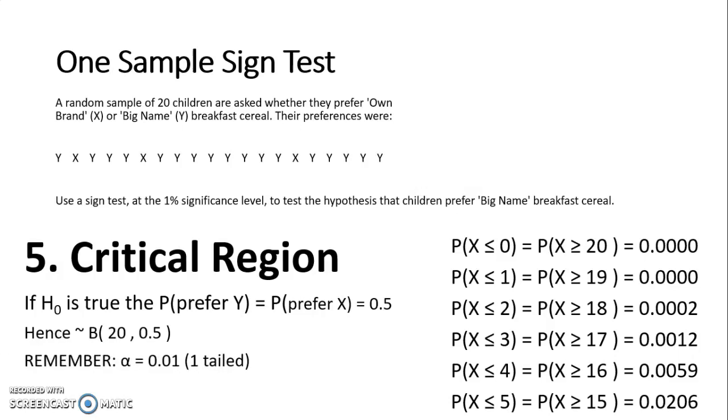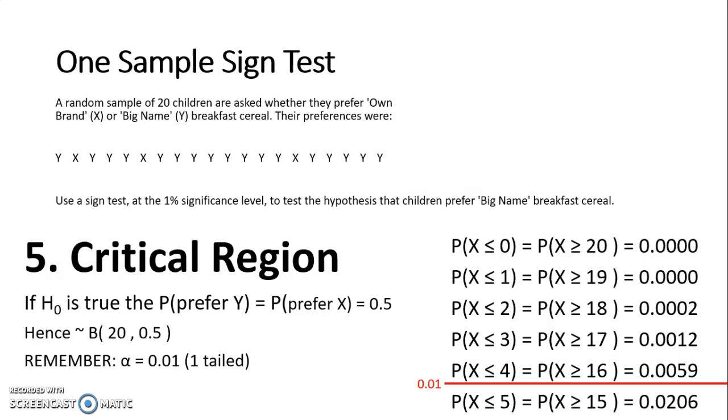Let's remember for this question that alpha was 1%, so 0.01, and it's one-tailed. So I'm looking for all the probabilities that are less than or equal to 0.01. Looking down the list, I can see that 0.01, 1%, comes somewhere in between 0.059 and 0.0206.